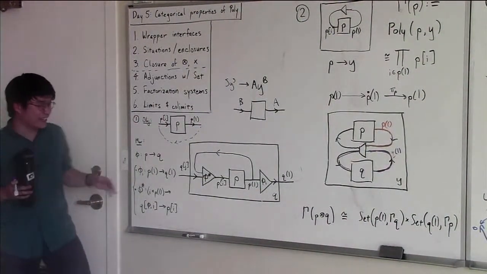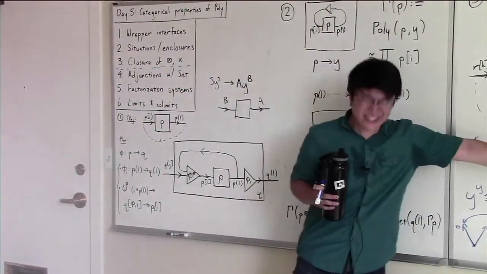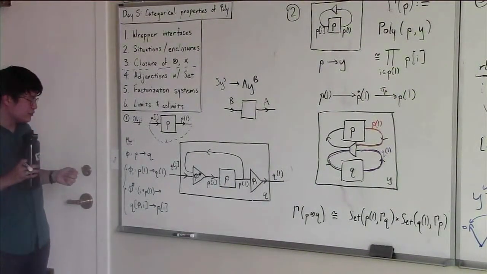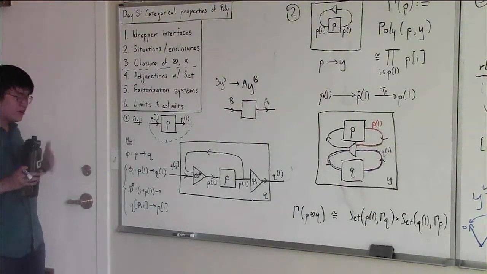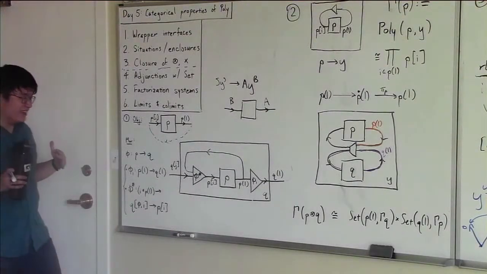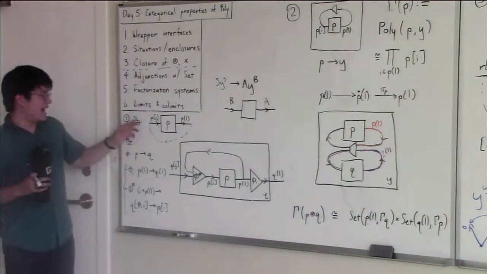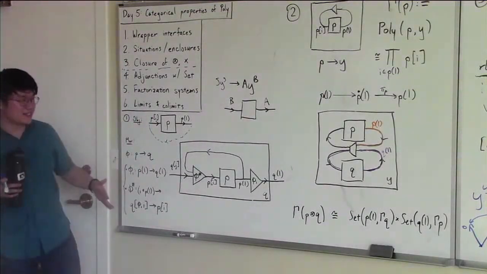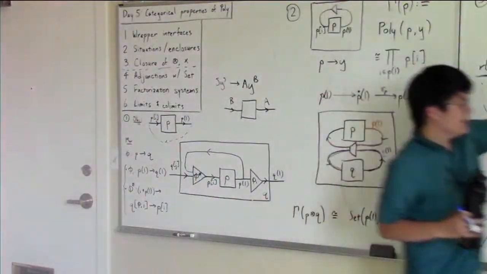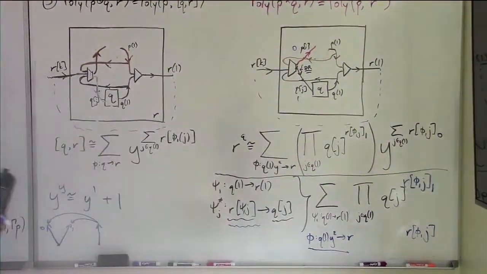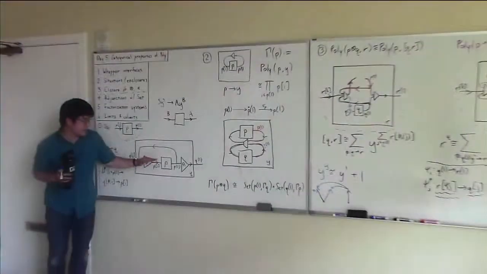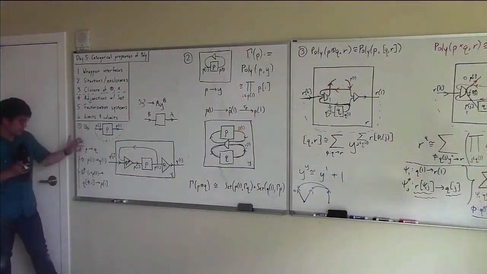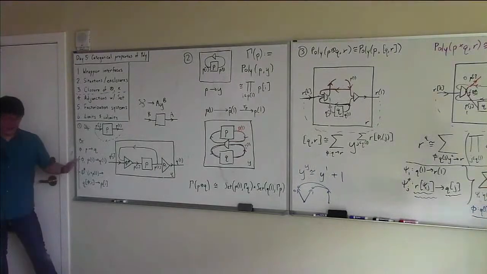In fact, I only came up with this picture yesterday. The beauty of Poly is that it lets you change wires. Depending on what state it is, you have different connections. This wire means different things depending on what's on this wire, and there's not really an easy way to express this just by drawing it. If people can come up with an easy way to express this, we would love to see it.